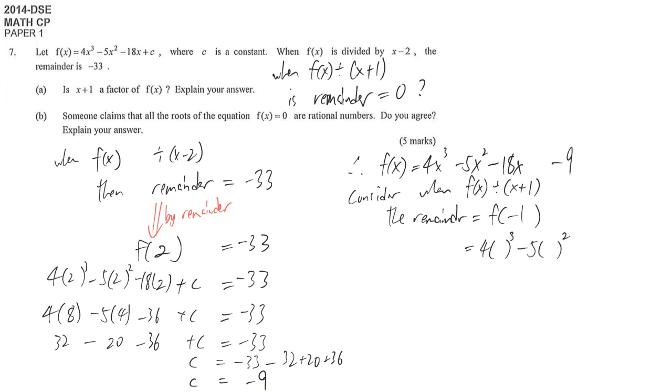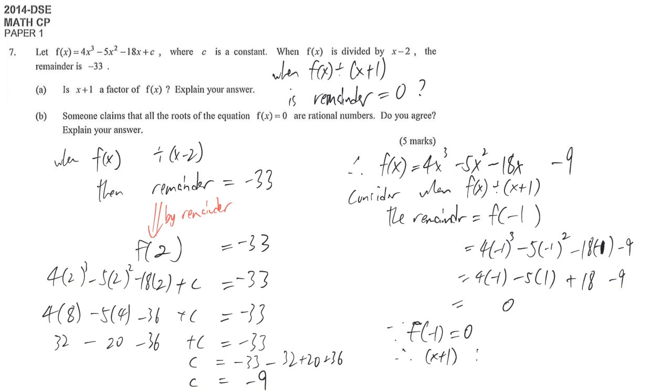Again, replace x by negative 1 and then calculate it carefully. So we get 0, which means that the remainder is 0. We can write down: since f(negative 1) equals 0, therefore x plus 1 is one of the factors.